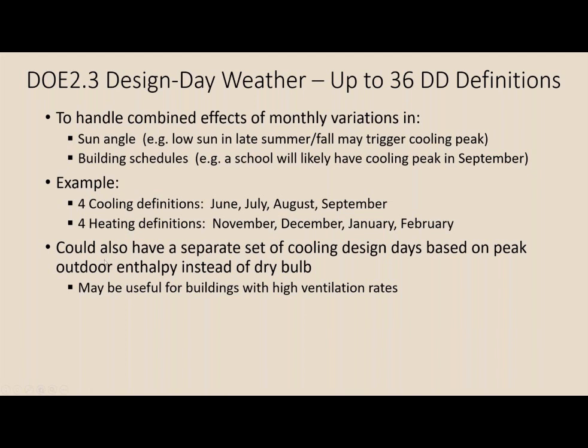Another example of where you might want more is if you have a building with high ventilation rates, where outdoor enthalpy becomes a significant factor. You may want to create some design days with outdoor enthalpy as the primary variable.